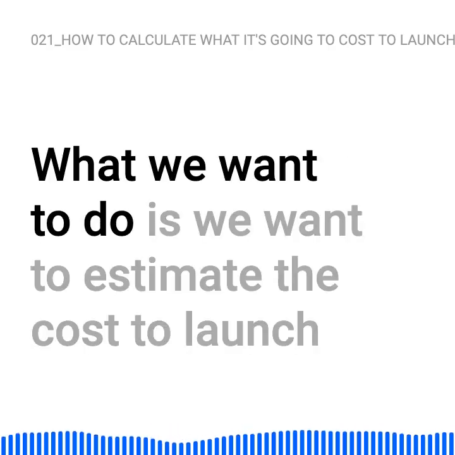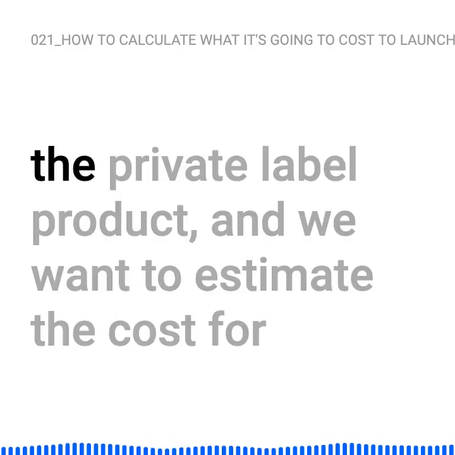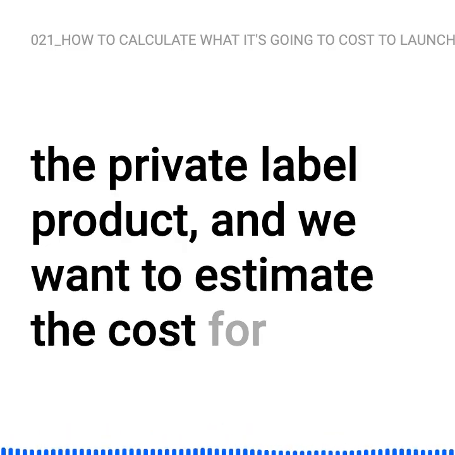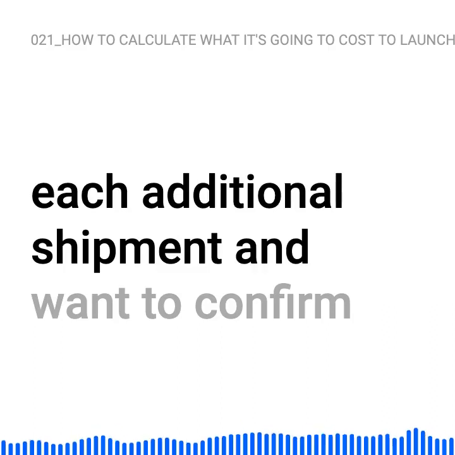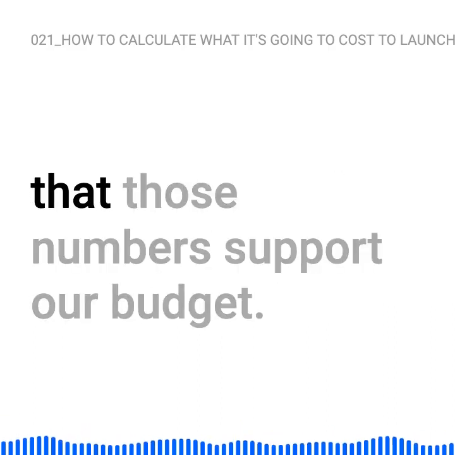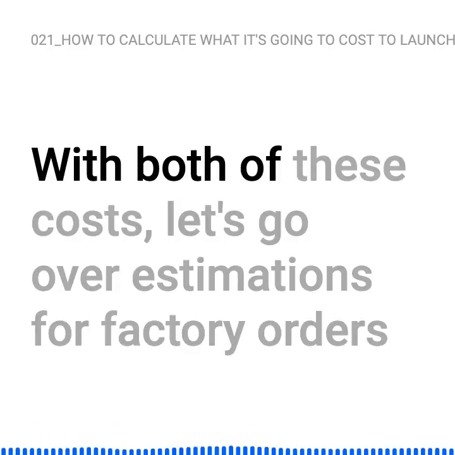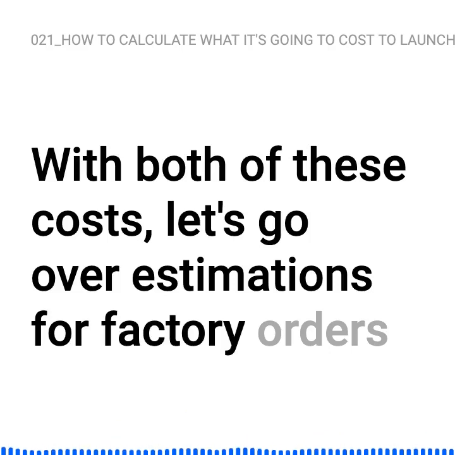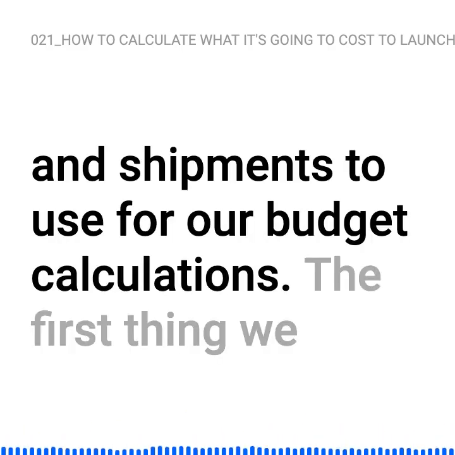What we want to do is estimate the cost to launch the private label product, and estimate the cost for each additional shipment, and confirm that those numbers support our budget with both of these costs. Let's go over estimations for factory orders and shipments to use for our budget calculations.